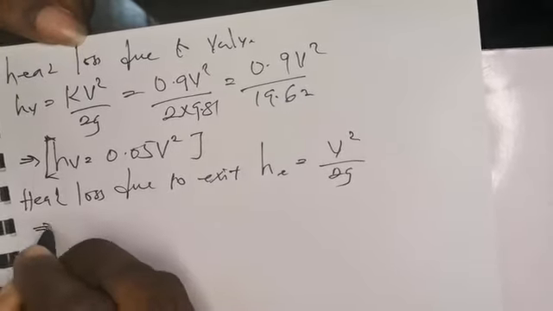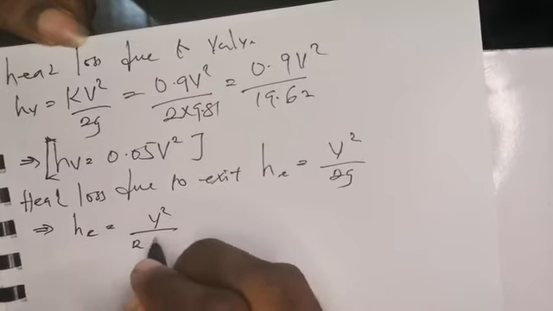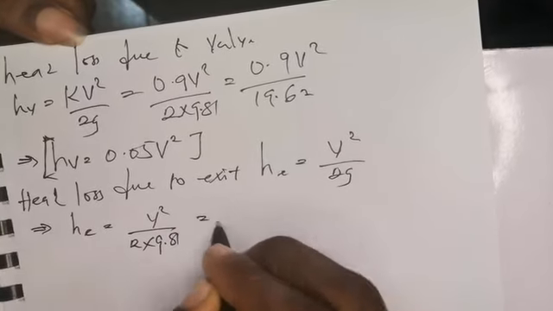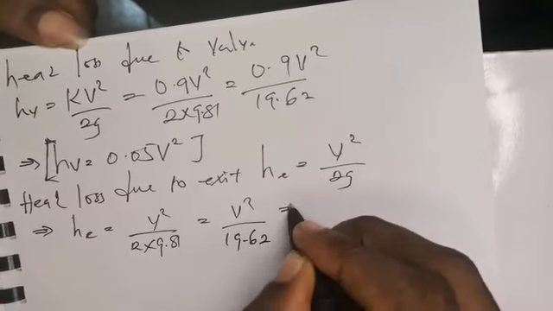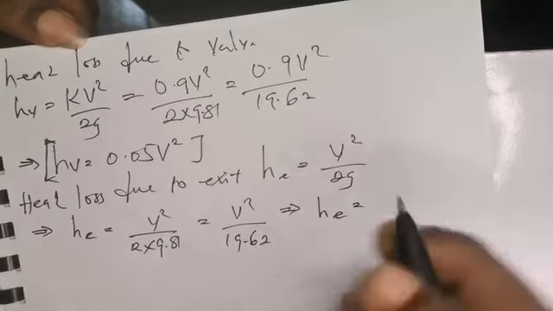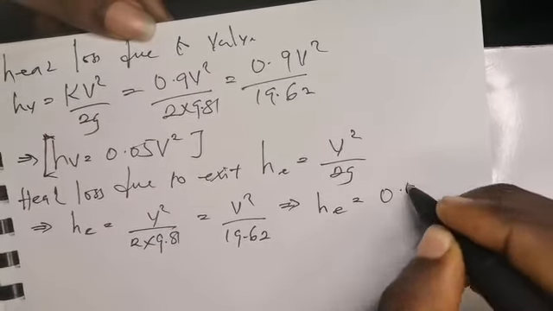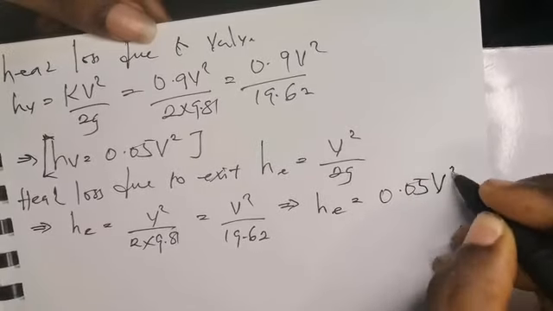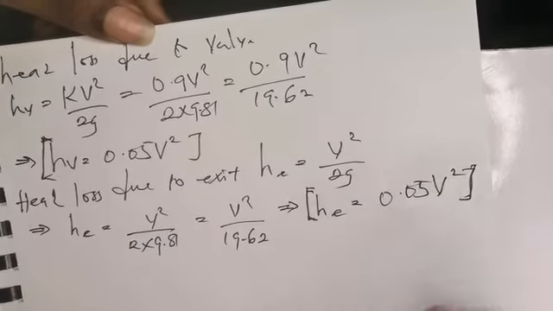So this simply implies head loss due to exit is v squared all over 2 times 9.81, which is v squared all over 19.62. That also gives us 0.05 v squared. So this is the head loss due to exit.